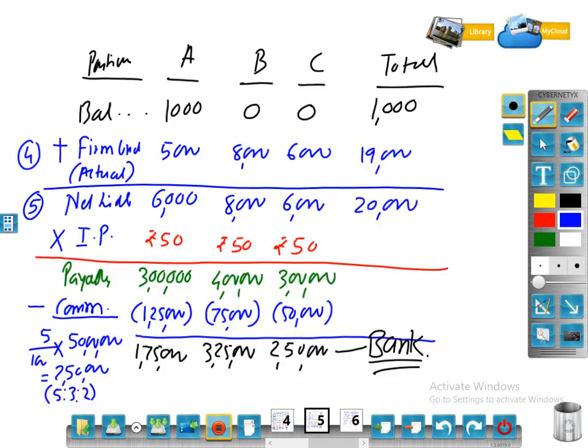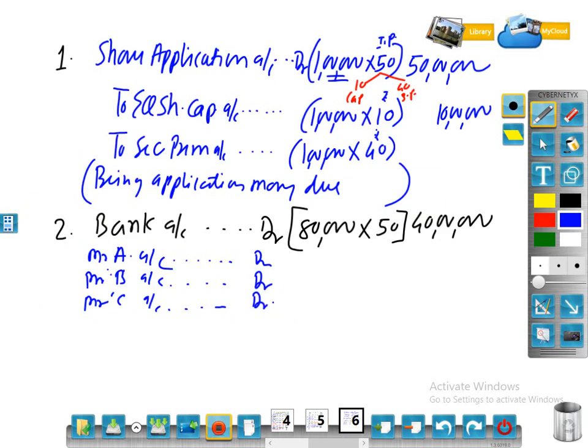How much is going to be receivable? 3 lakh, 4 lakh and 3 lakh. Total amount 10 lakh plus this 40, so total 50 lakhs.